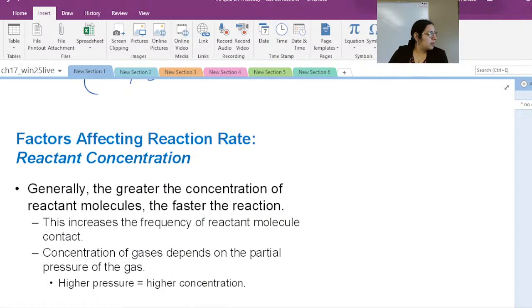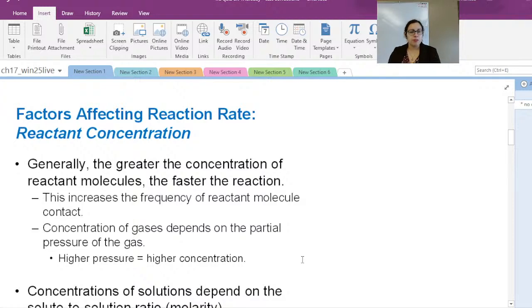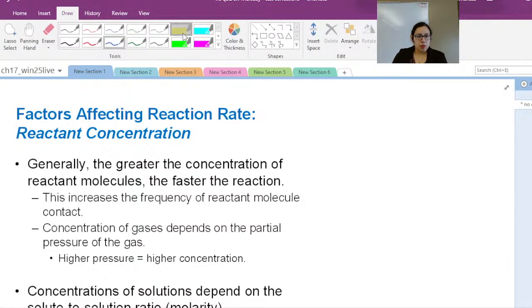And so we'll get into some of these factors, and we've seen just a general sense of this. Generally, and maybe you've seen this in our other experiments in the past, the greater the concentration of reactant molecules, the faster the reaction.